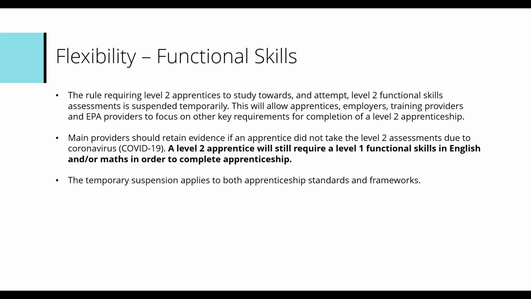Main providers should retain evidence if any apprentice did not take the Level 2 assessment due to coronavirus. A Level 2 apprentice will still require a Level 1 functional skills in English and or maths in order to complete the apprenticeship. The temporary suspension applies to both apprenticeship standards and frameworks.